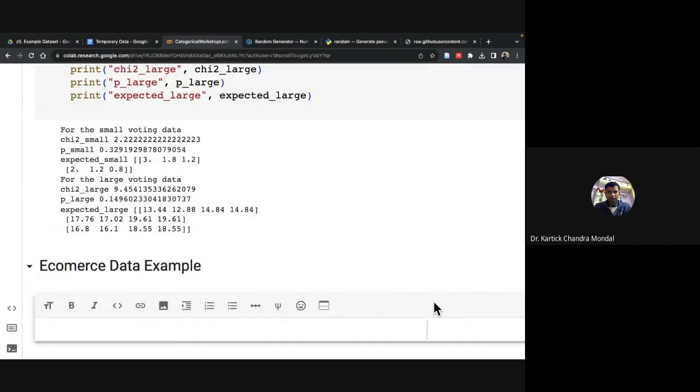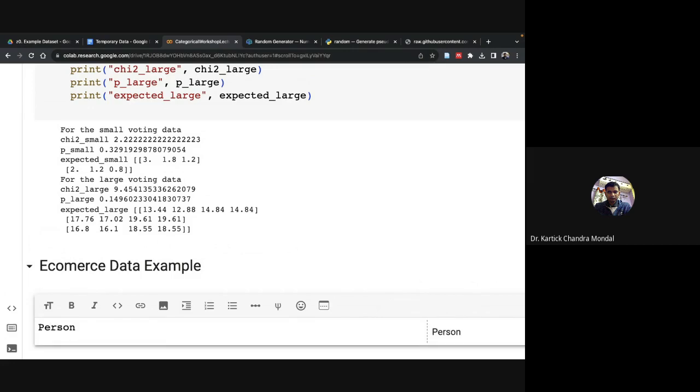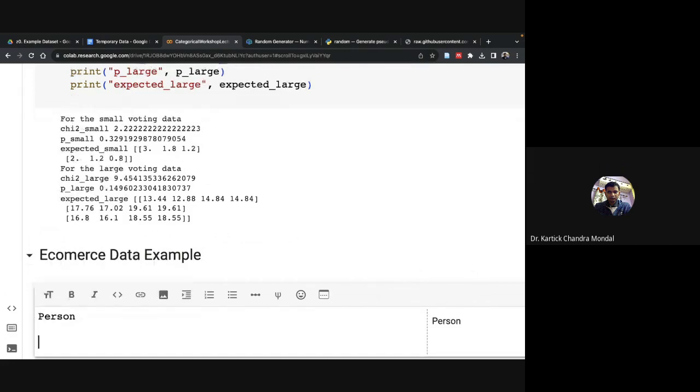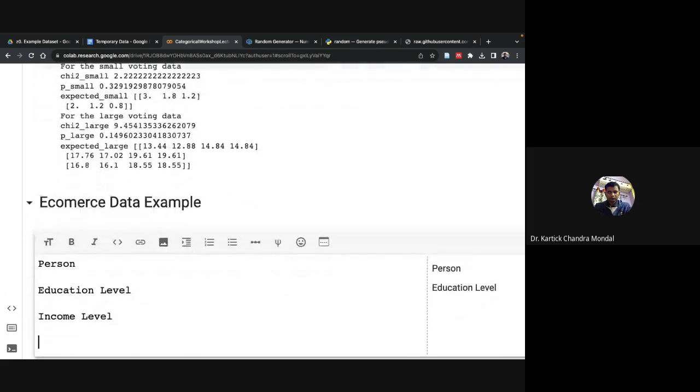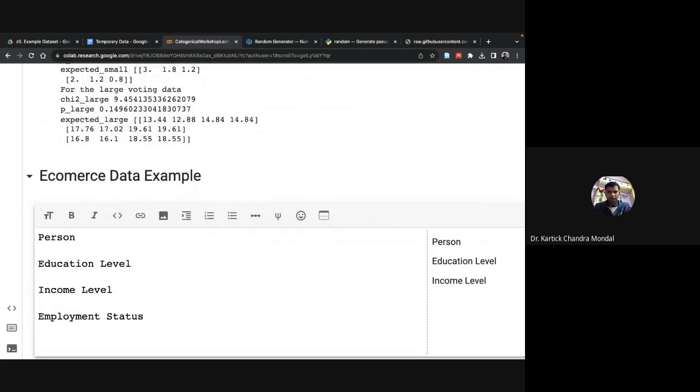In this data set we have 5 columns. What are those columns? Person, we have education level, we have income level, we have employment status, and we have the industry.